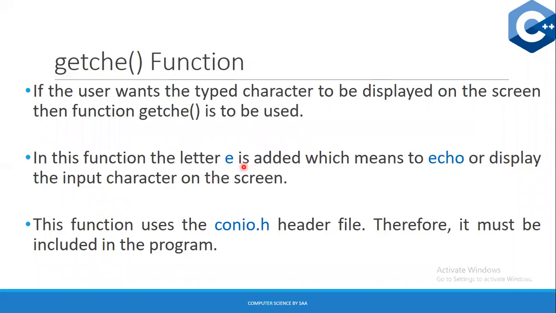In this function, this E shows the echo, or to display the input character on the screen. This E means echo. Echo means to repeat or to display the character on the screen. Again, we have to include the conio.h header file in order to use getch and getche functions in our programs. If we miss that header file, we will definitely get an error message on the screen.